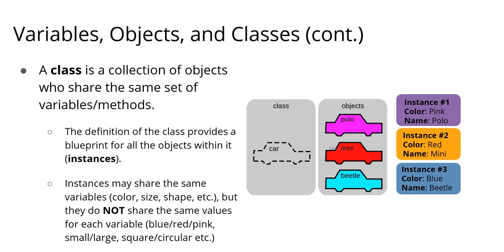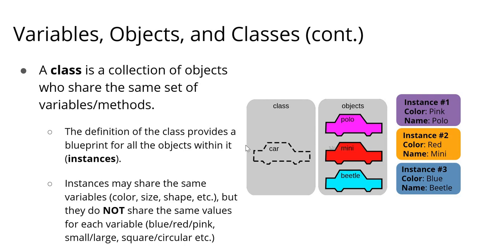On the next slide, we can see the actual difference among these three: classes, objects, and instances. A class is a collection of objects that share the same set of variables and methods. The definition of a class provides a blueprint for all the objects within its instances.